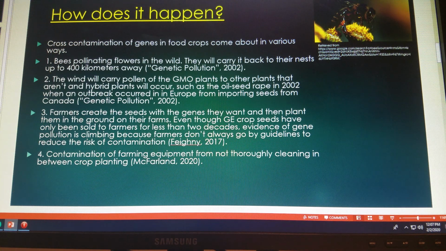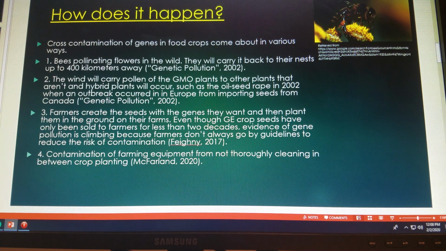And then number 3, farmers create the seeds with the genes they want and plant them on their farms, so they can choose what seed they want to buy. Even though GE crop seeds have only been sold to farmers for less than 2 decades, evidence in my research has shown that the rise of these GMO plants and hybrids is climbing because the farmers aren't always going by guidelines to reduce the risk of contamination.